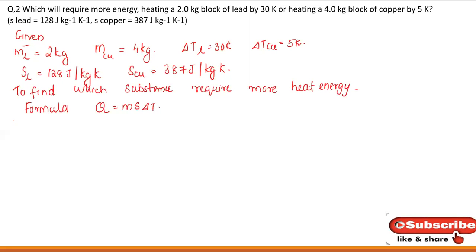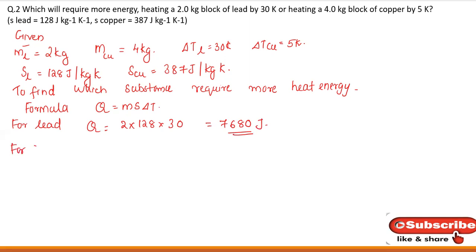For lead, Q is equal to mass of lead, which is 2, into specific heat of lead, 128, into delta T, that is 30. 2 into 30 is 60. 60 into 128 is 7,680 joule.